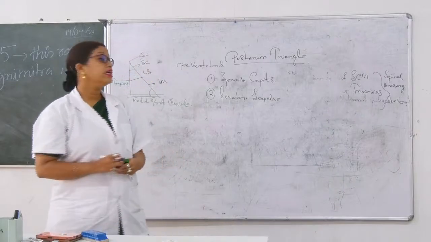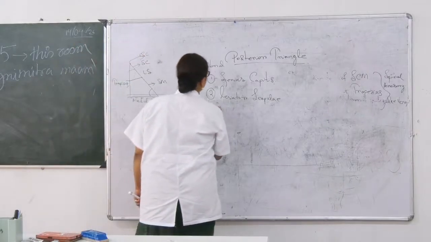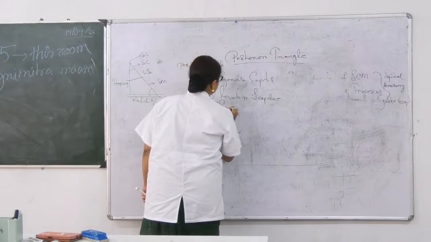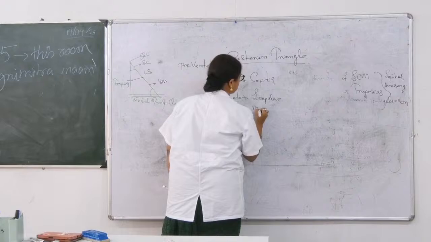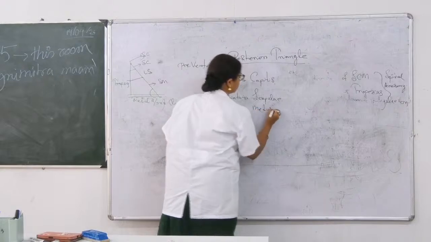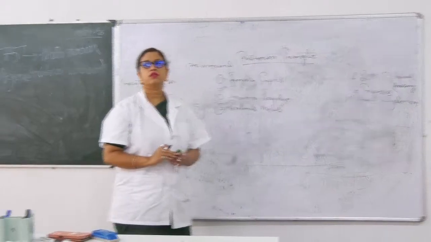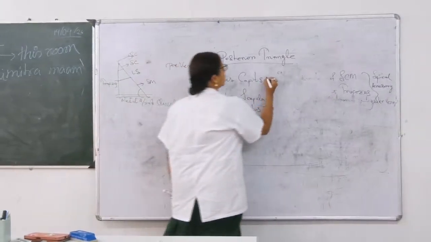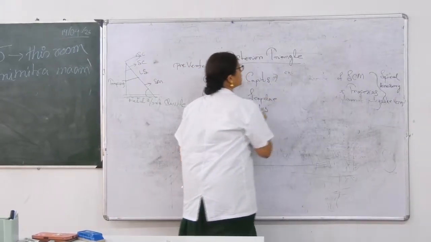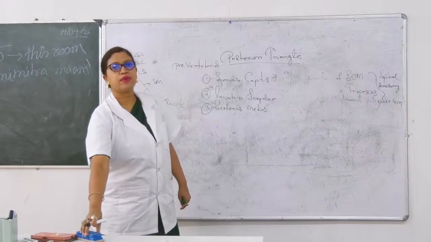Scalenus medius. Scalenus medius is a muscle of the neck. কোথায় পেয়েছিস বল? Scalenus তিনটে পাওয়া গেছে.